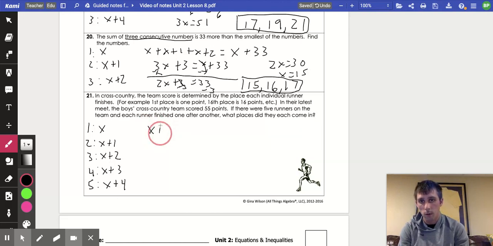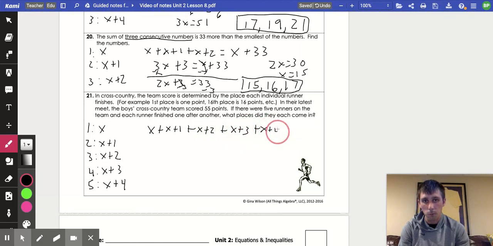So x plus x plus 1 plus x plus 2 plus x plus 3 plus x plus 4 equals 55. All right, so how many x's? 1, 2, 3, 4, 5x. 1 plus 2 is 3. 3 plus 3 is 6. 6 plus 4 is 10.